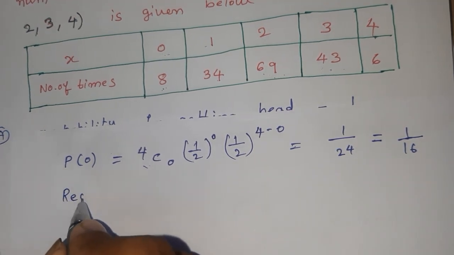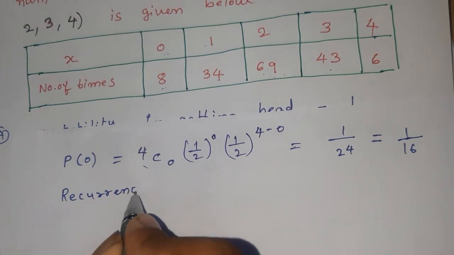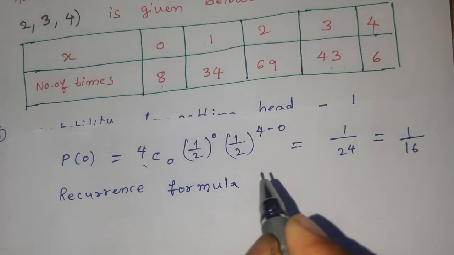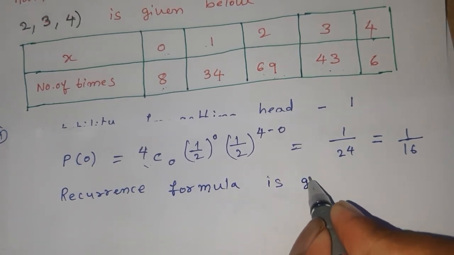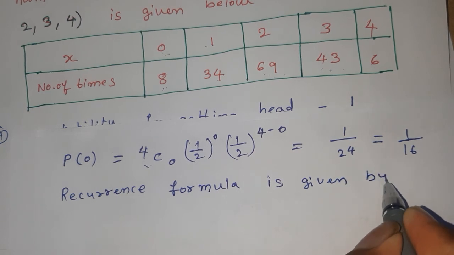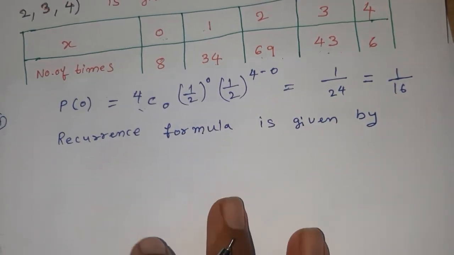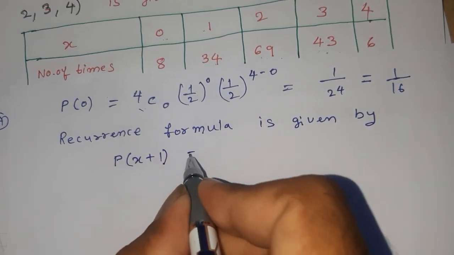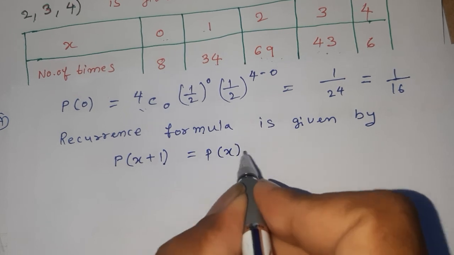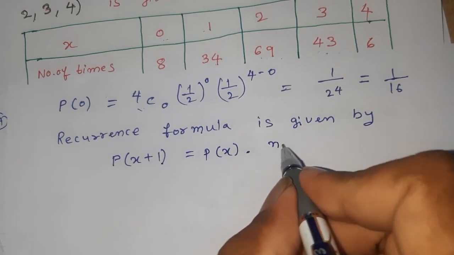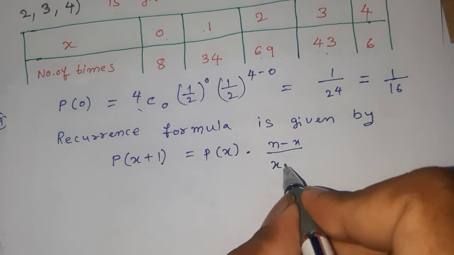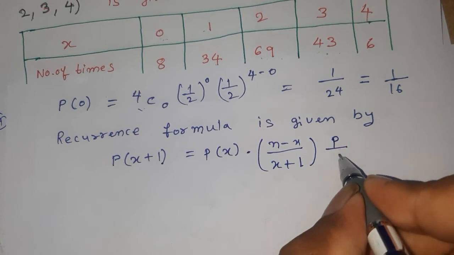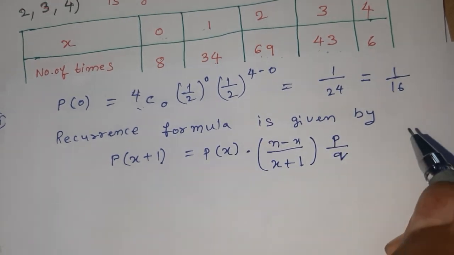The recurrence formula is given by P of x plus 1 is equal to P of x into n minus x by x plus 1 into p by q.